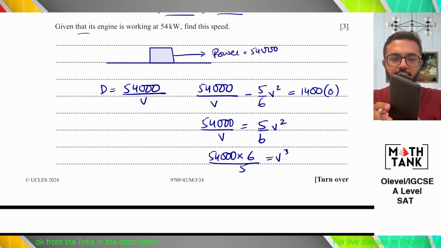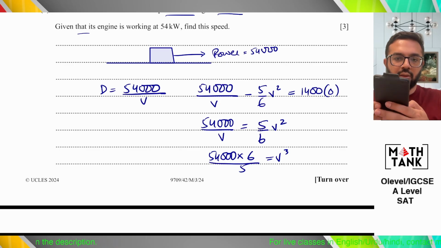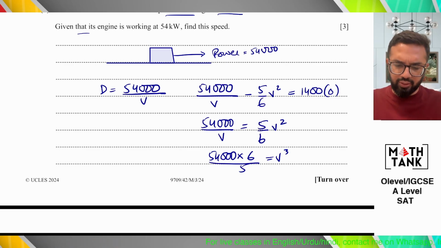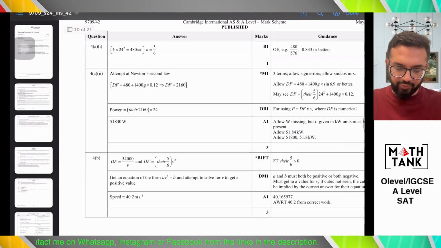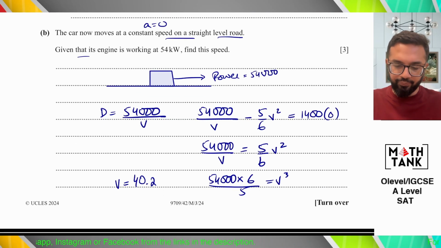Cube root of answer gives me 40.2. Correct. That's the correct answer.